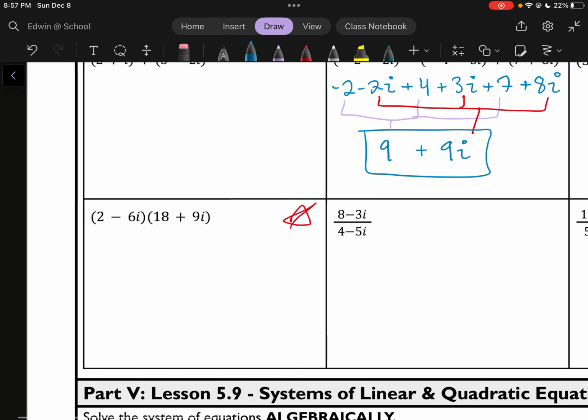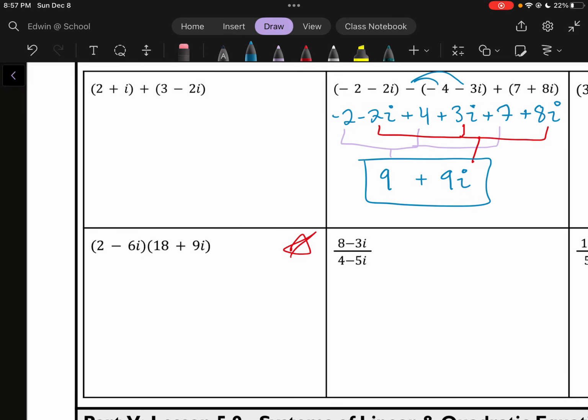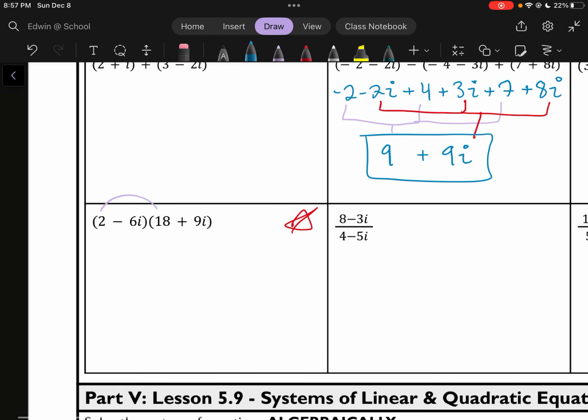Here it's very similar, in the way that we treat it as a variable, but we're going to have to FOIL. So foiling, we take that first number and multiply it by the first number in the second layer, which is 2 times 18, which is 36. Then we multiply that, which we got 18i.